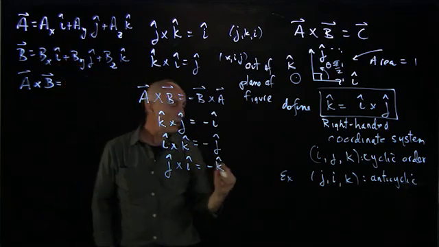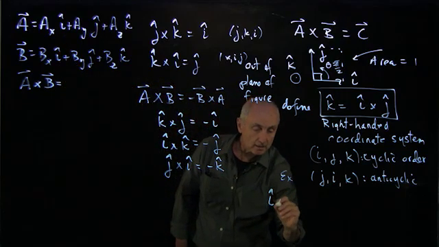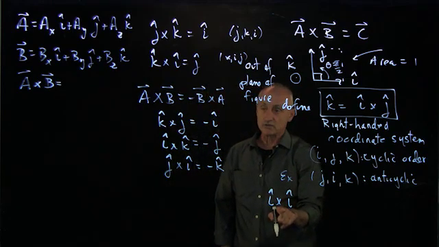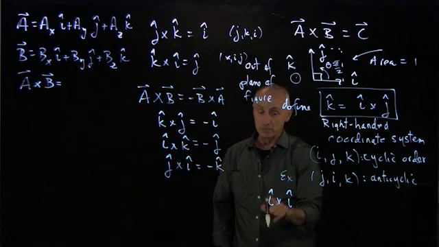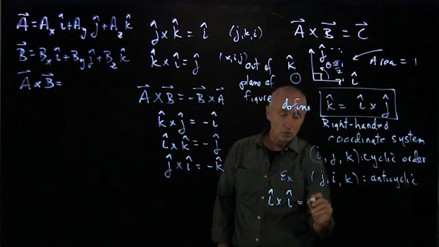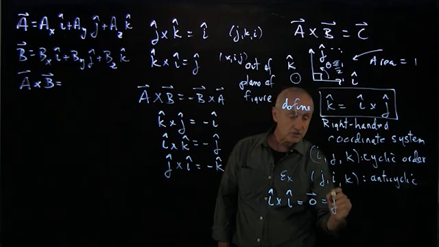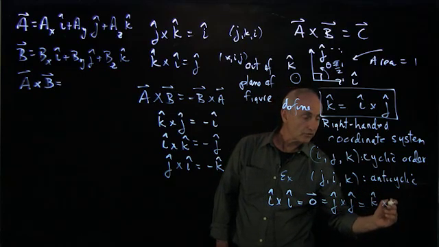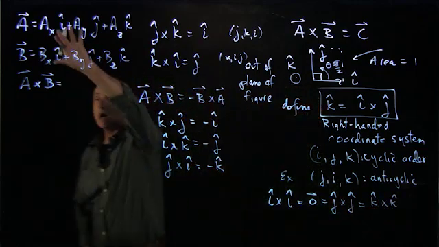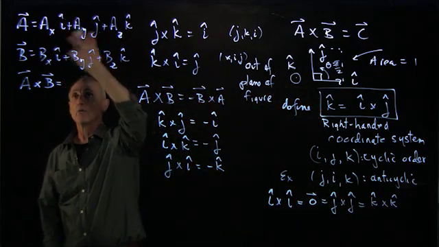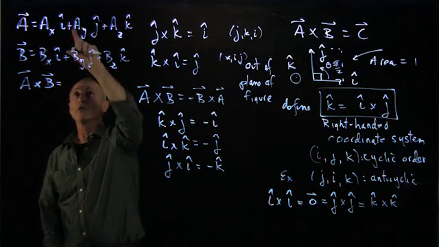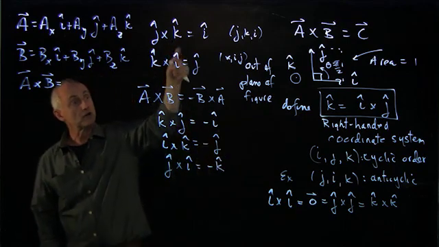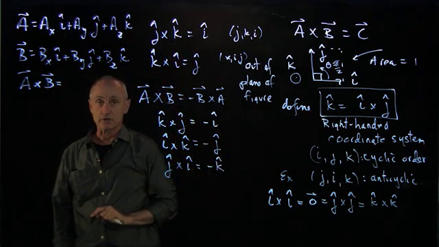Well, we should say one more thing: i hat cross i hat, the angle between these two vectors is 0. There's no perpendicular projection, so that's 0, as is j hat cross j hat and k hat cross k hat. So of these nine parts, three of them will be 0 by this rule, and we'll apply our cyclic or anticyclic rules for the others.